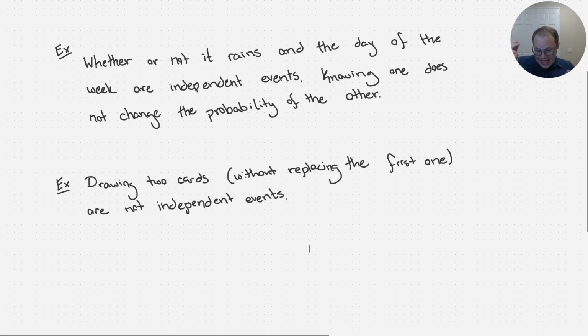I have already drawn it. It's not possible to draw another one. So generally, drawing two cards are not independent events. What the first card I draw is will affect what card I can draw for that second card. What I did in the first event changes what's possible in the second event.